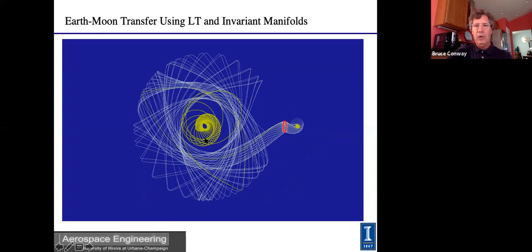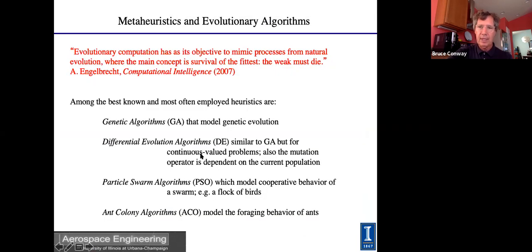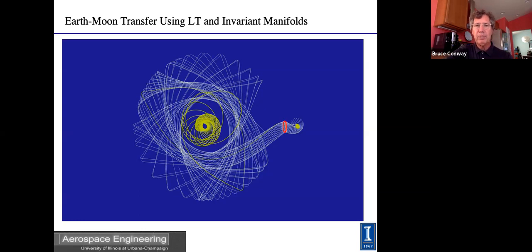And when the yellow disappears, it's not thrusting anymore. It's on one of these invariant manifolds. And it doesn't look like it because this cartoon is in a system that's rotating with the Earth-Moon system. But you can kind of see it here, this thing that looks like a fishnet stocking.